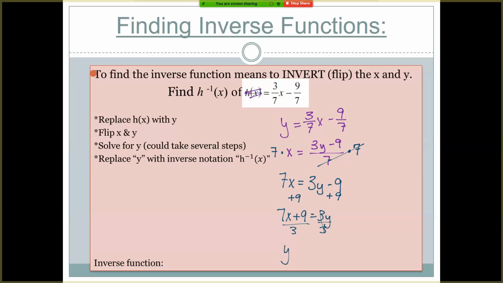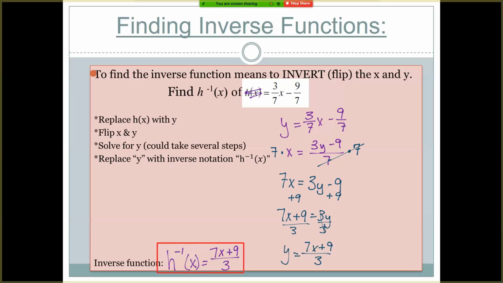So y equals 7x plus 9, all divided by 3. For your answer, you've got to write it in inverse notation. This time we started with h, so we found the inverse of h, which is 7x plus 9, all divided by 3.